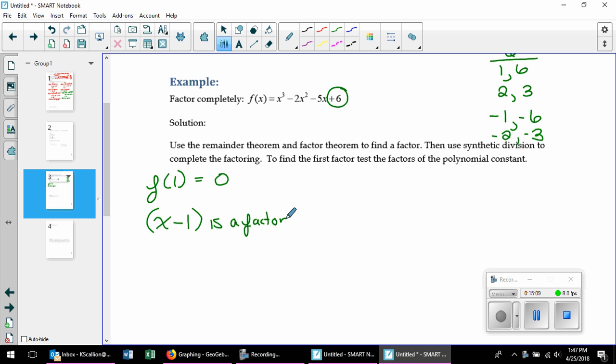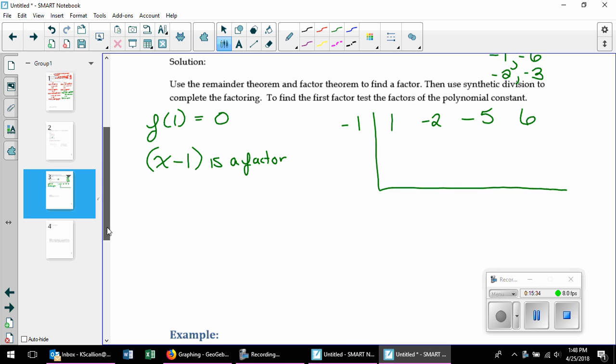So now what do I do with that? Now that I know that, you know what a factor is. What do I do next? Don't spend your time checking after this, because then you're guessing. You're going to use synthetic division now. So now negative 1 goes on the outside. I draw my little box. I've got 1 minus 2, negative 5, positive 6.